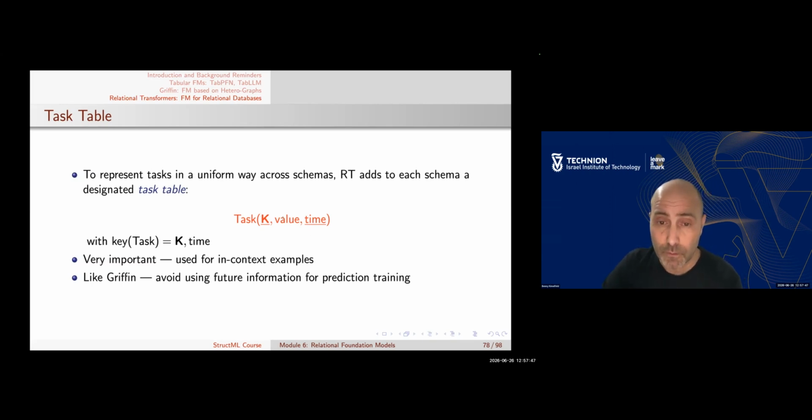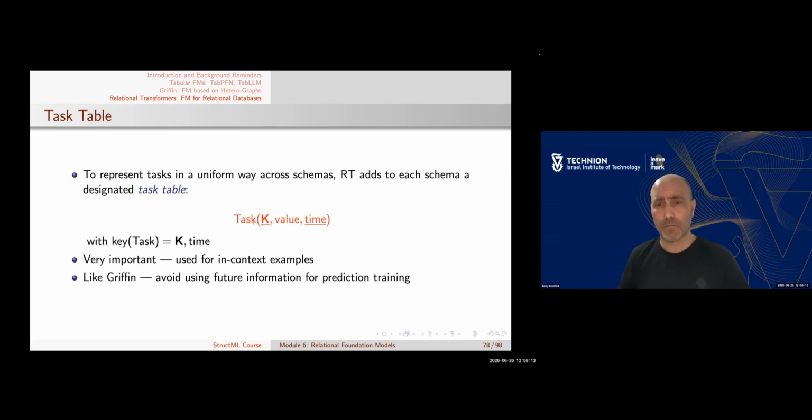There is the value that you want to predict, and there is the time of the validity of the statement, when the example or the task is valid. This is important because this task table is used to store the in-context examples.